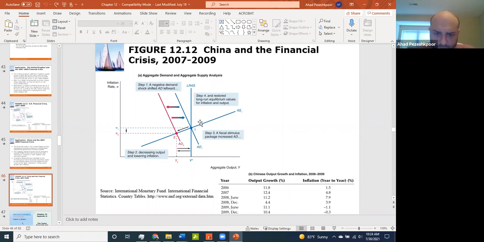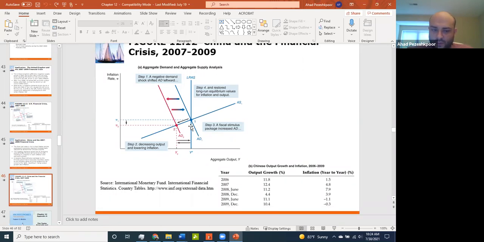So a negative demand shock shifted the aggregate demand curve leftward, decreasing output and lowering inflation. Then the central bank stepped in, caused inflation. The fiscal stimulus package increased aggregate demand, so it went back to where it was and restored long-run equilibrium values for inflation and output. So you can see it's the same thing as happened in the United States.